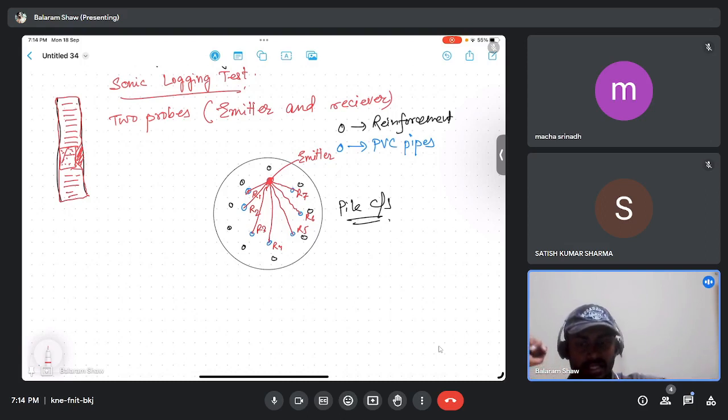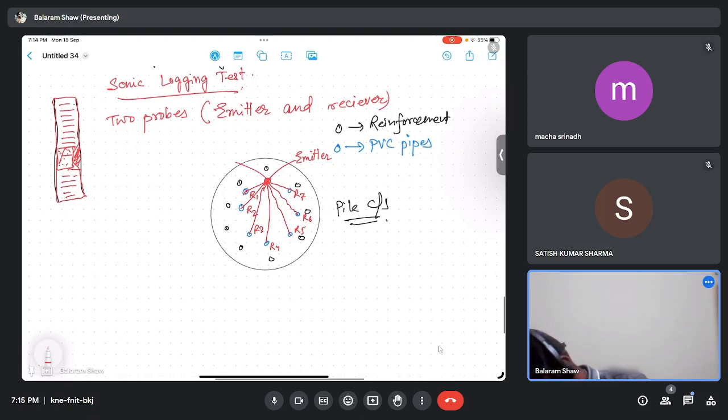Okay, and then after it reaches the bottom, the emitter will generate some kind of sonic waves. So let us say I'm doing this here. Just at the bottom we have the emitter. Now the sonic waves will propagate, the waves will be propagating like this.